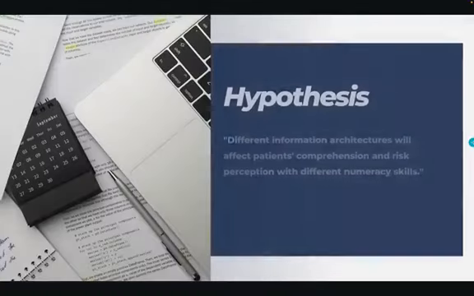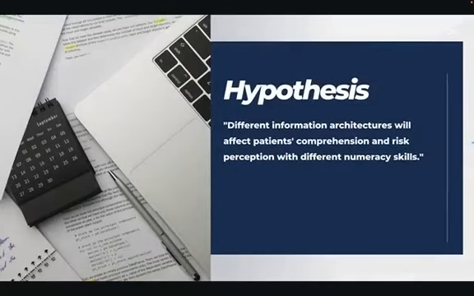The researchers are unsure which type of data narrative is more suitable for use in obesity decision aids. Therefore, this study hypothesizes that different information architecture will affect patient comprehension and risk perception with different numerical scale.